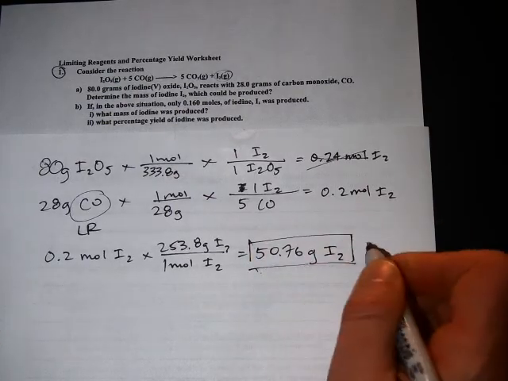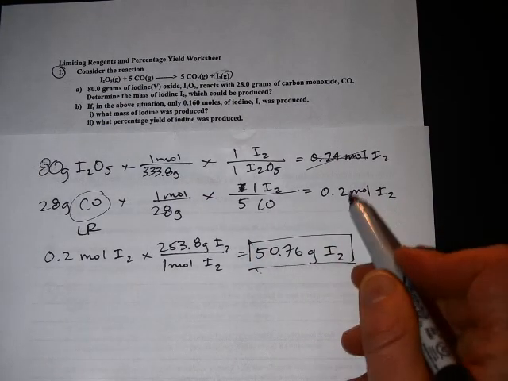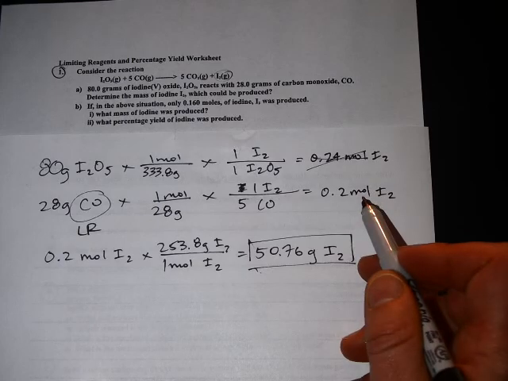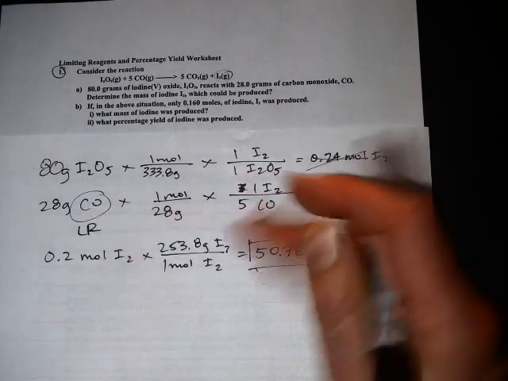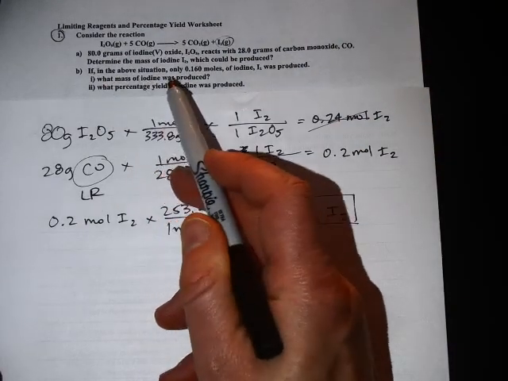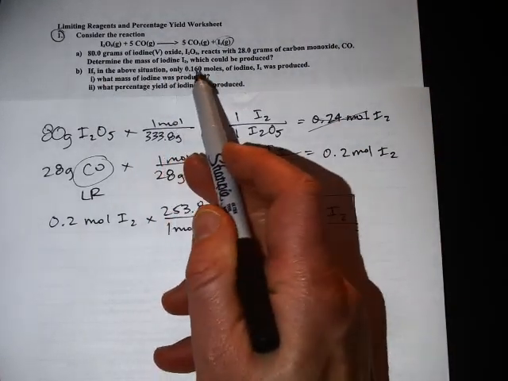So that's the answer to part A. How much do you make? It's all based off this number of moles, because the carbon monoxide runs out first.